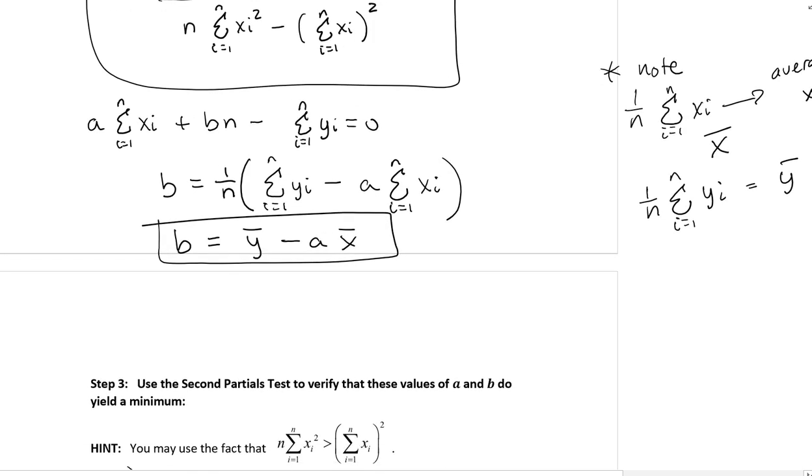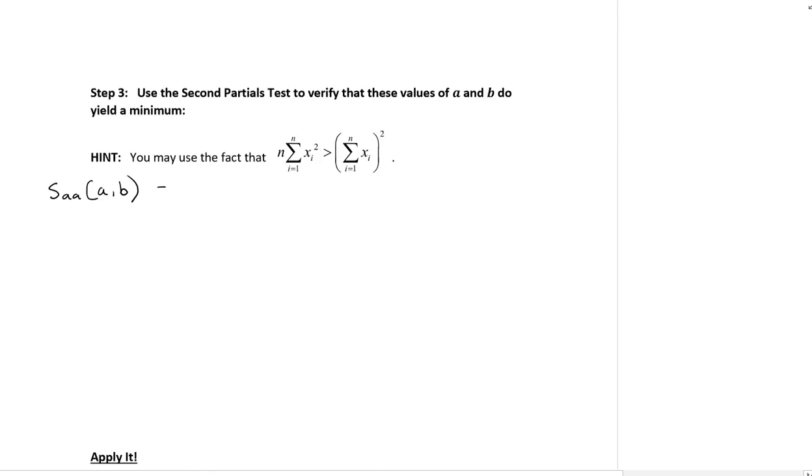Our second partial with respect to a is going to be 2 times the sum from 1 to n of the x-coordinates squared. If you think about squaring x-coordinates, adding them all together, and multiplying by 2, I think it is pretty clear that that is going to be greater than 0. I guess technically it could be equal to 0, but assuming that all of our x values are not just 0, which they shouldn't be, so that would just be a repeated data point, it's going to be greater than 0.